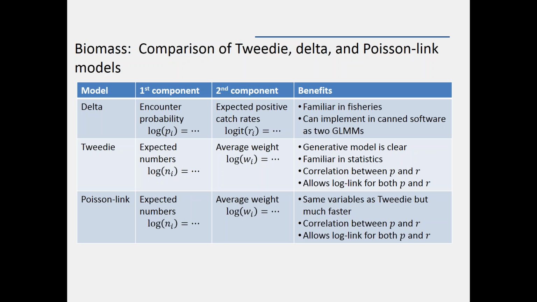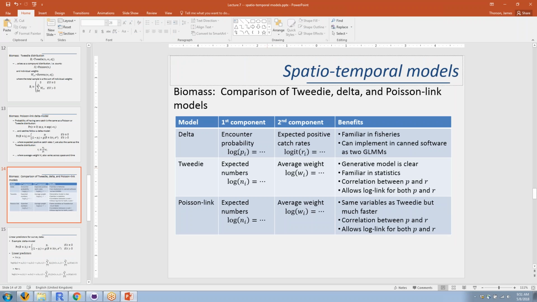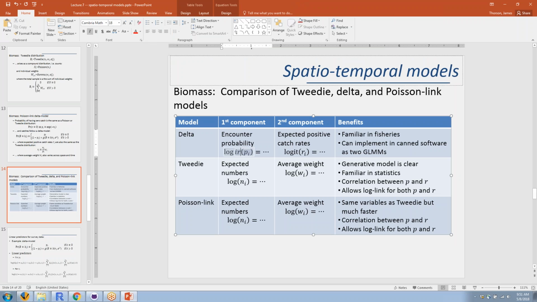So the delta model will typically have a linear predictor for encounter probability, p sub i. Here's, that's a logit. And then it'll have a log link predictor for positive catch rates.